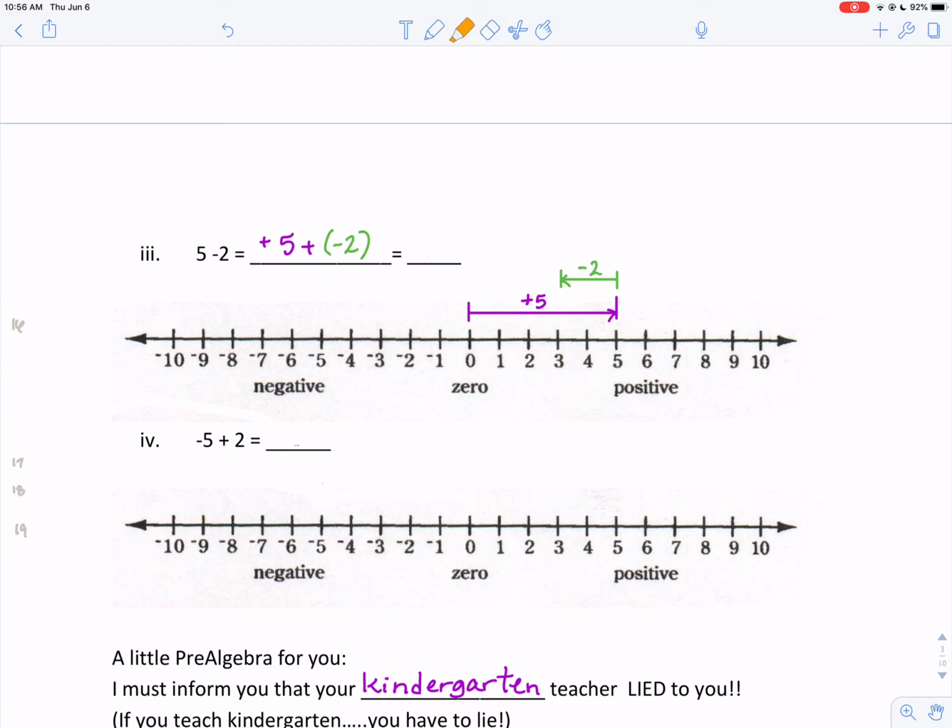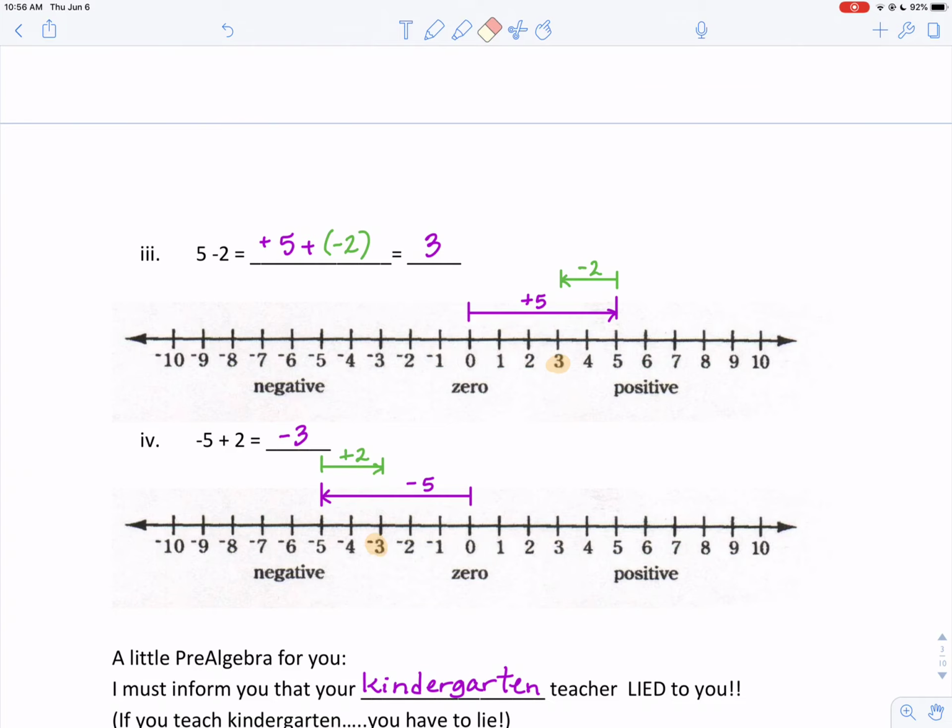So we're going to wind up at 3. Now, with negative 5 plus 2, it's very similar, except we're going to start by backing up. We back up 5 units, and then we're going to go forward 2 units. We're going to wind up then at negative 3.